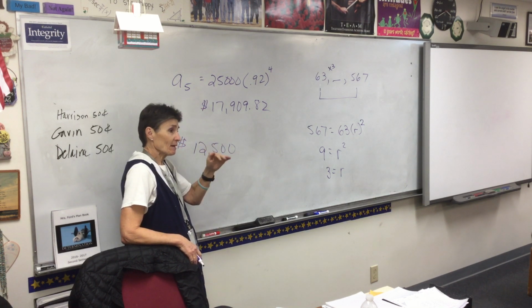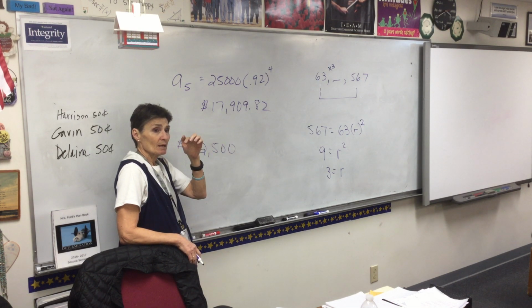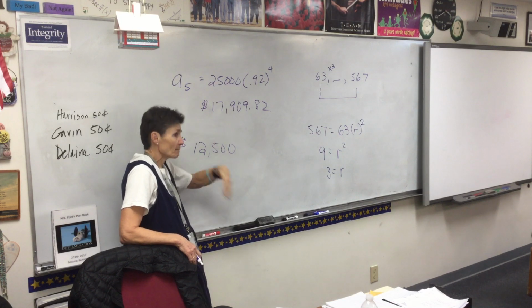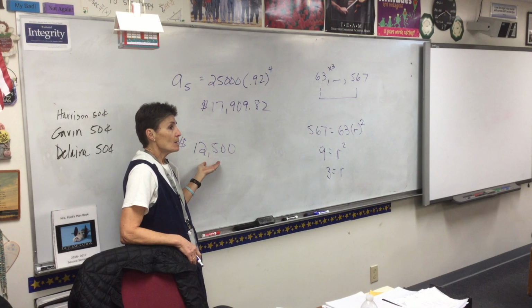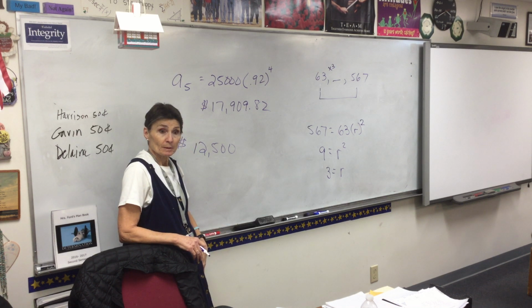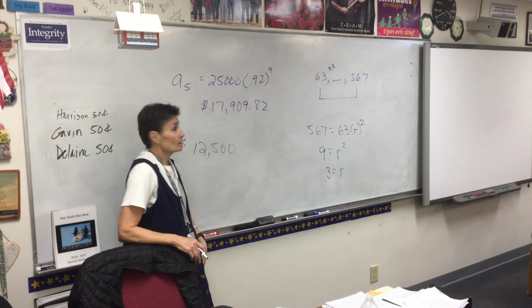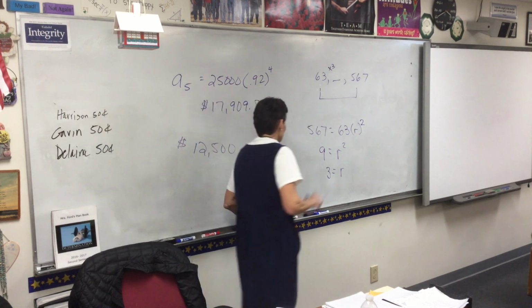All right, so let me get back on track here. Very good thought, though. We could just keep multiplying by more 0.92s, but we're never going to hit this exactly. So, Brandon, why would you just put in half for the A5 and then put in X for the exponent? Okay, now, yes.